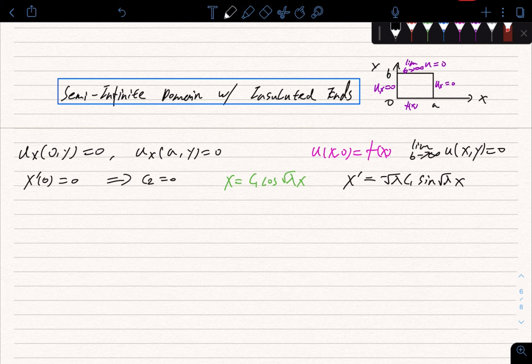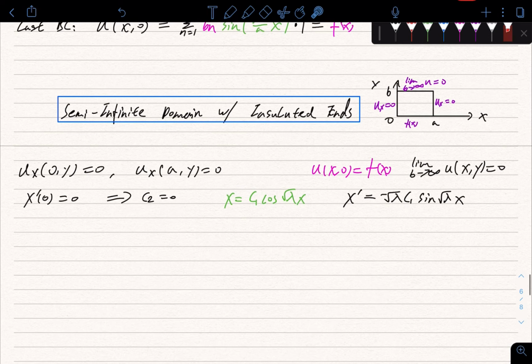And then we apply the second boundary condition, X prime of a equals 0.